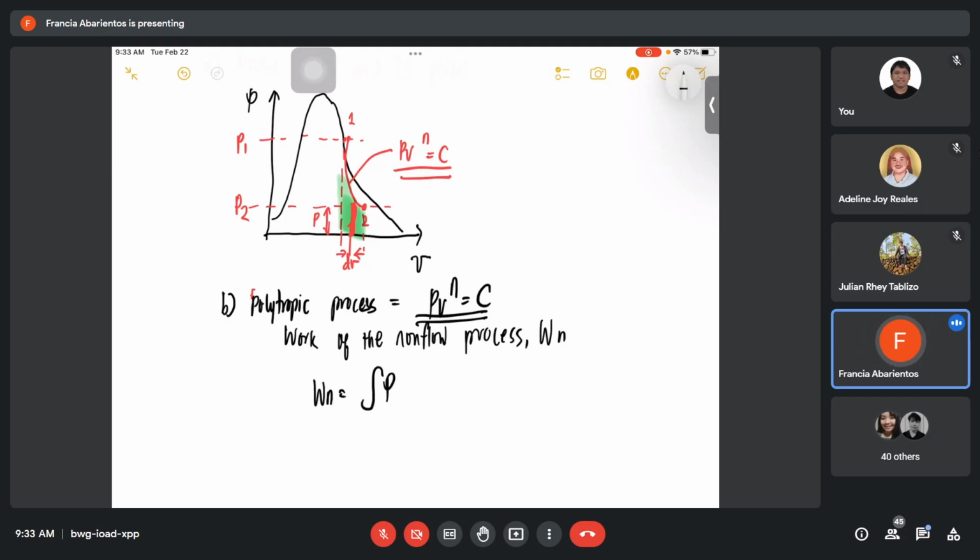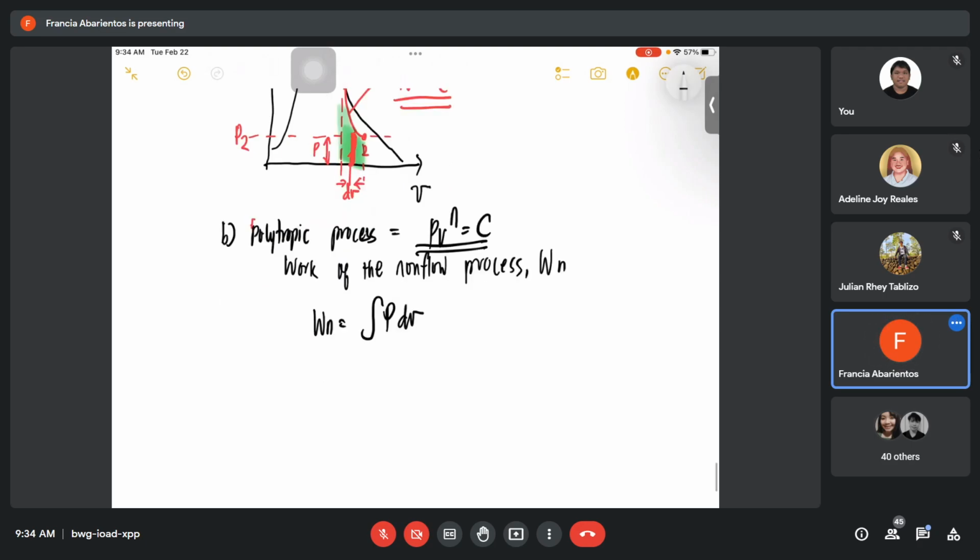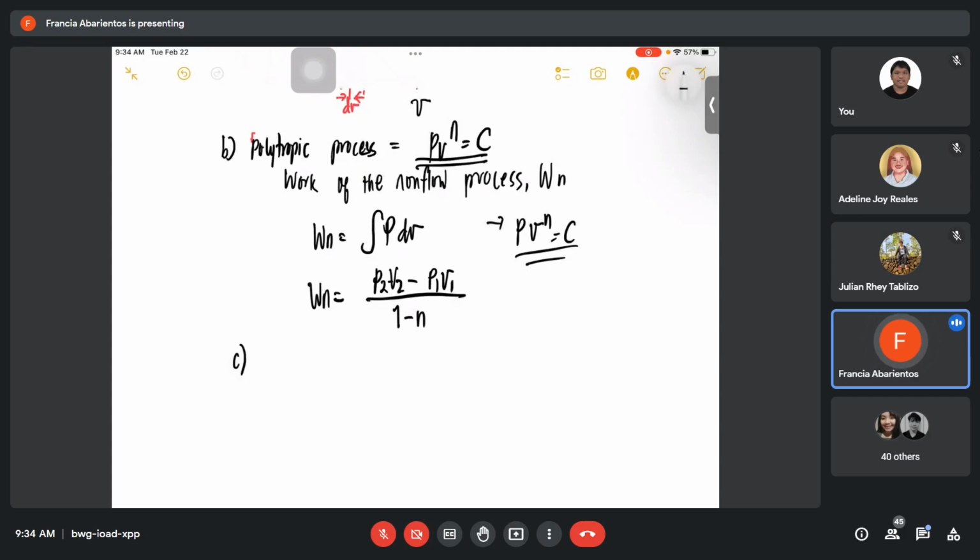You have to integrate the PDV. After integrating this, anong mangyayari? A very long process, shortcut na lang natin. We have now P2 V2 minus P1 V1 over 1 minus N. Ang gagawin nyo dyan, class, convert nyo dito yung PVN natin is C, i-infuse mo yan dyan, automatically makukuha natin. So, we have now the equation of a non-flow process, and we have also the transferred heat. Meron kasi ditong transferred heat.